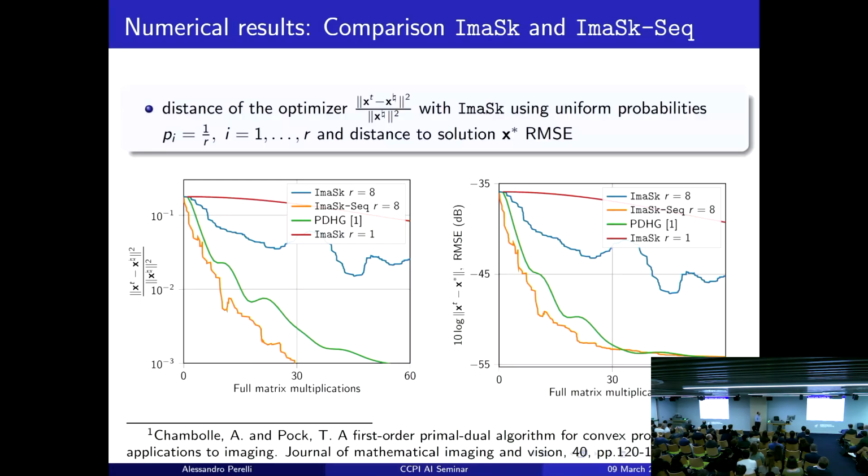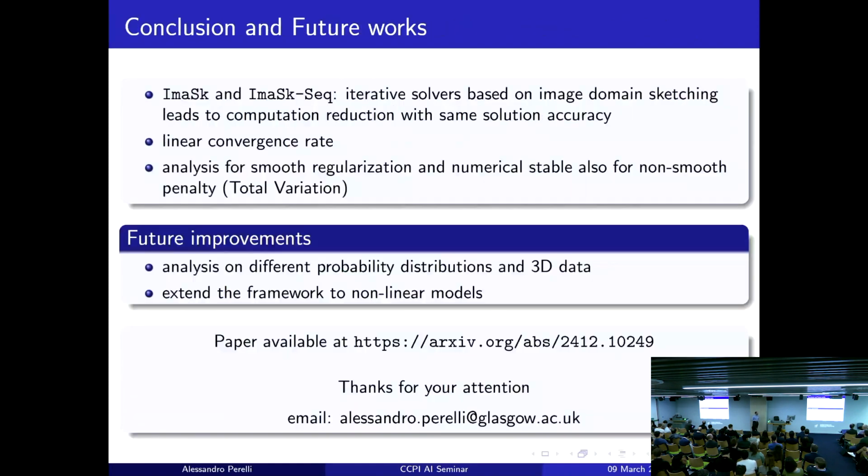And the green one is the primal dual hybrid gradient, which uses only full operators K. So we can still show that with this extrapolation, in the stochastic way, if you draw a horizontal line, we achieve the same accuracy with less computational time.